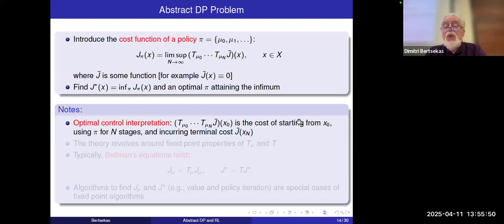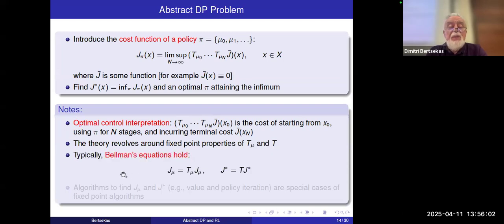This expression here is the cost of starting at x0 using pi for n stages and incurring terminal cost J bar of xn. And the theory revolves around fixed point properties of the mappings T mu and T. Typically, Bellman's equation holds, and the minimization in here gives you an optimal policy. This is an optimality condition.